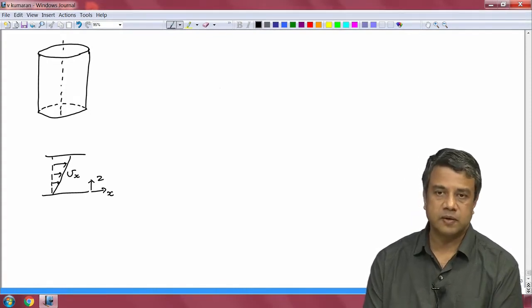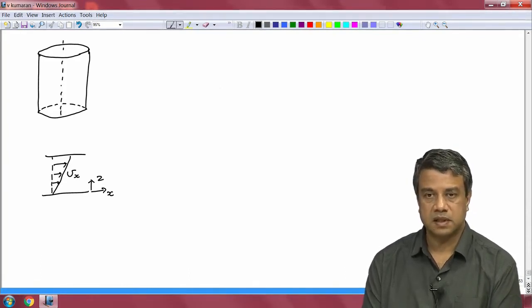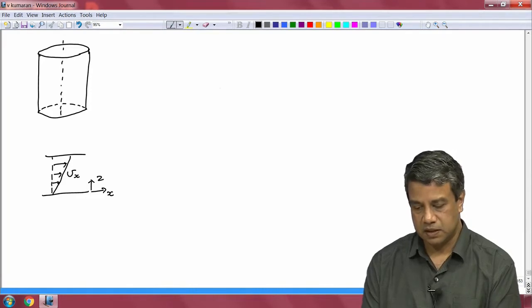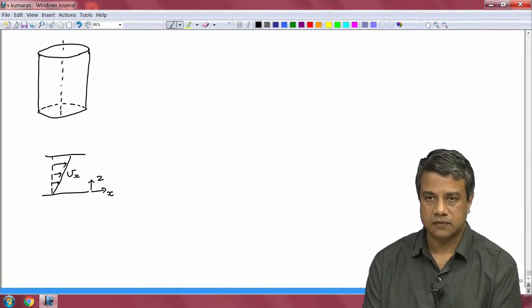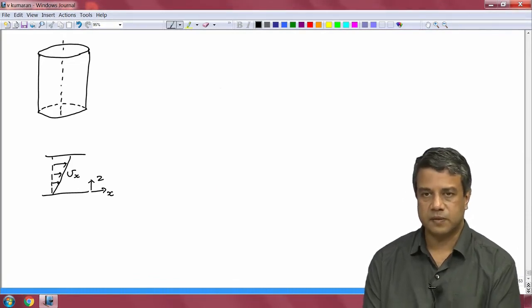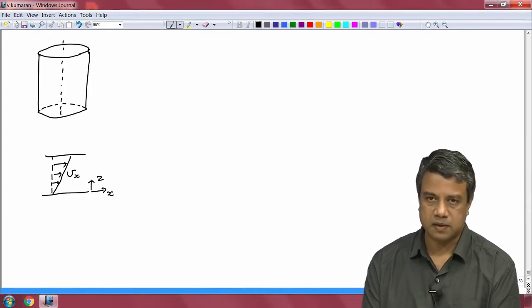When the direction of momentum is the same as the direction of momentum transport, there is an additional effect that appears and that is pressure. So, in that case it is slightly more complicated and we will see that in the following lectures, how does pressure affect momentum transport. But so far we have been considering cases where the direction of momentum is perpendicular to the direction of momentum transport.